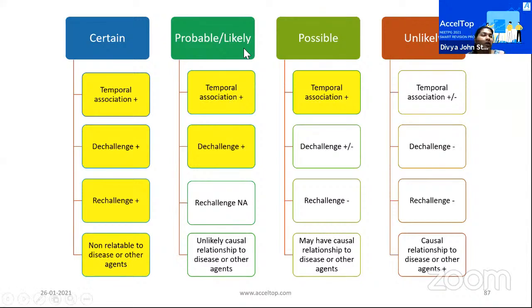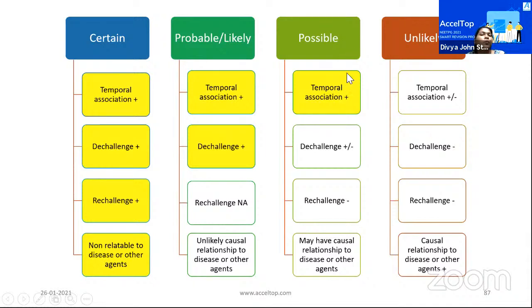To have a probable or likely causality, it should have 2 out of 4: temporal association and de-challenge positive. Usually re-challenge is not available for certain drugs, or the unlikely causal relationship to disease and other agents cannot be established. In those conditions, it becomes probable or likely.